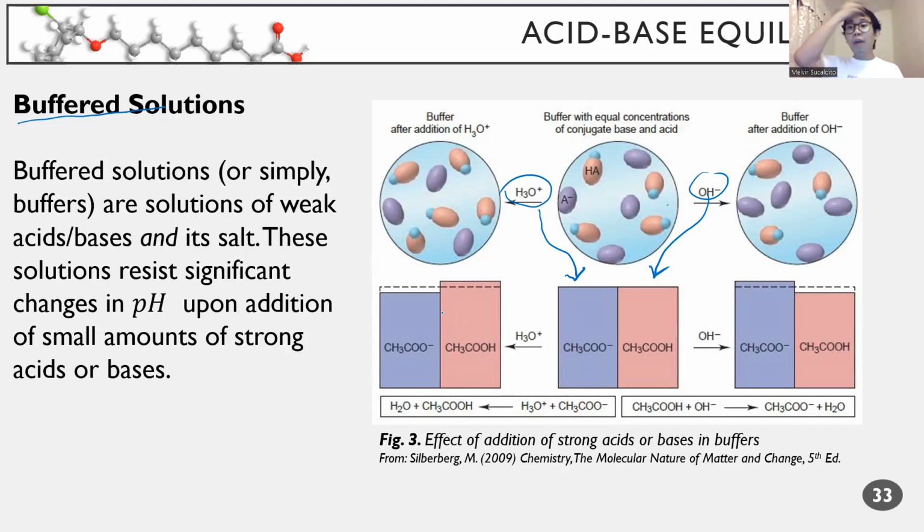As a result, you won't really observe any increase in either OH minus or H plus concentration, because whenever you add OH minus or H plus directly, it can react with either the weak acid or the conjugate base. So that's how buffers work. That's the reason why they can resist drastic changes in pH.